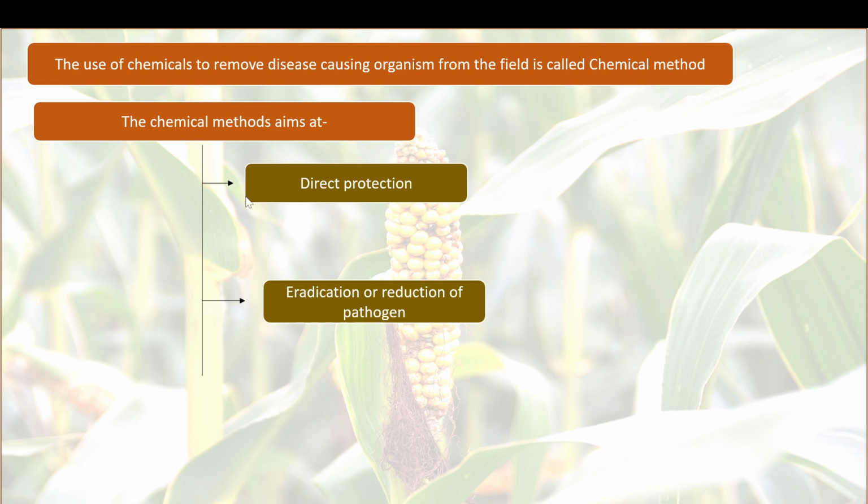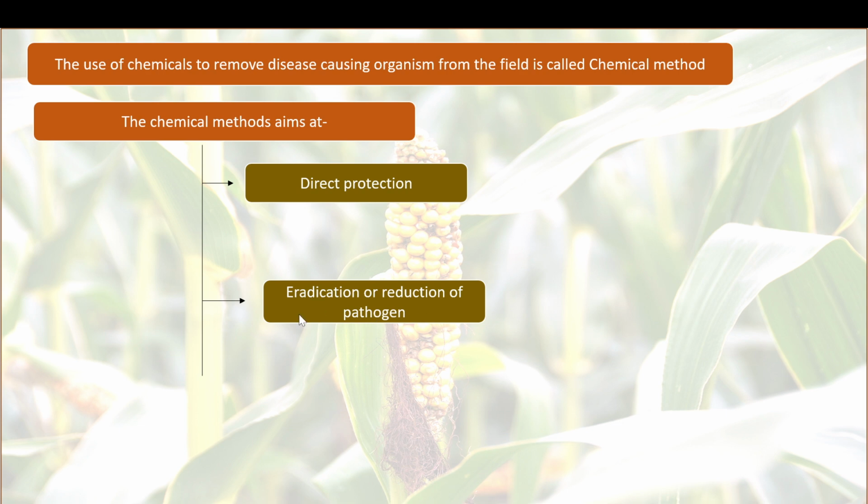Chemical method aims at direct protection or eradication or reduction of pathogen. That is, either the chemical method is used to directly protect your plant so that the pathogen does not enter into your plant, and the second aim is that if the pathogen has already been introduced into your plant or into your crop, then to eradicate or reduce the pathogen from the crop, right?